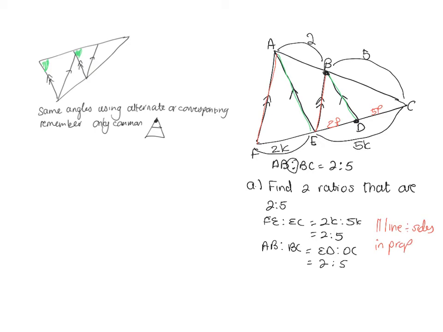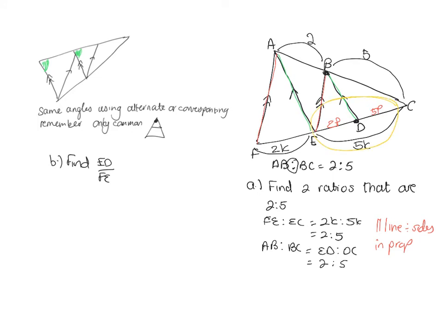Then it says find, so let's write this question B, find in simplest form ED over FE. So let's look at the picture, ED over FE. If you look at ED, it's 2P, and FE is 2K. You can't have P's and K's equal. So we're first going to try and equate this.